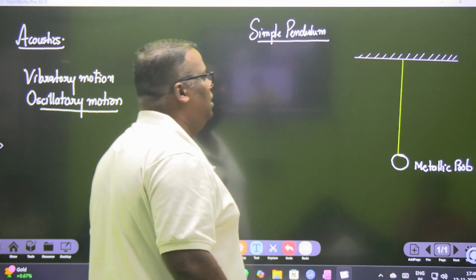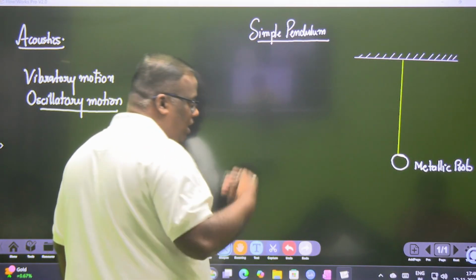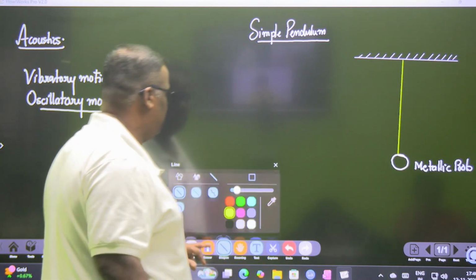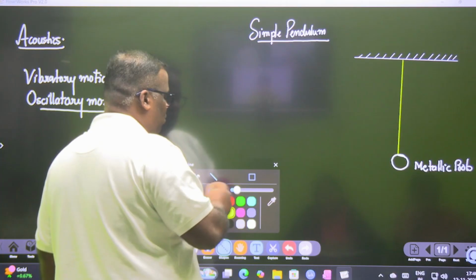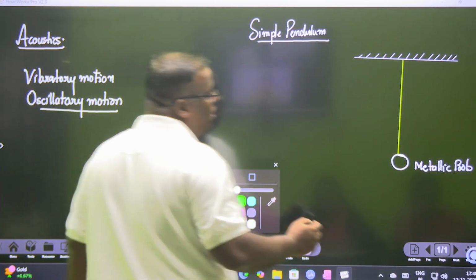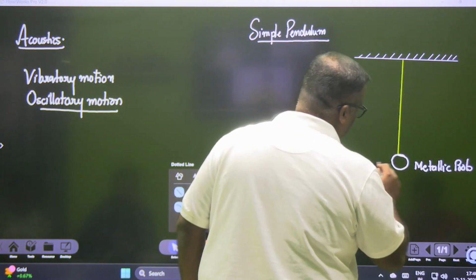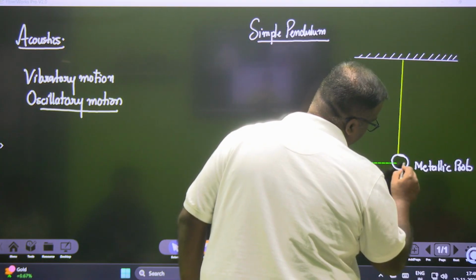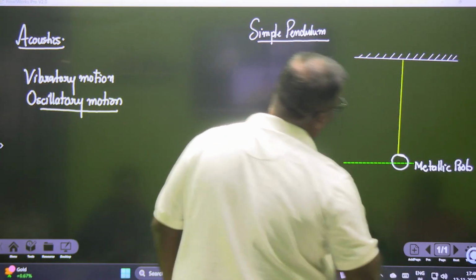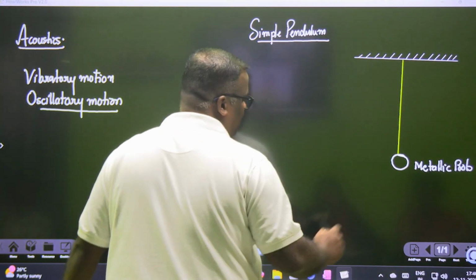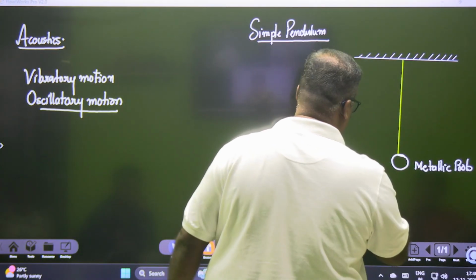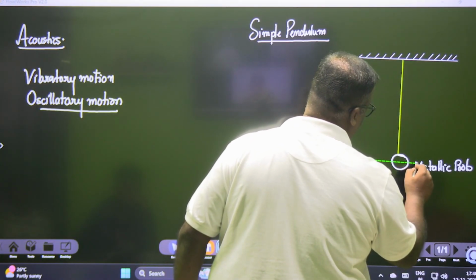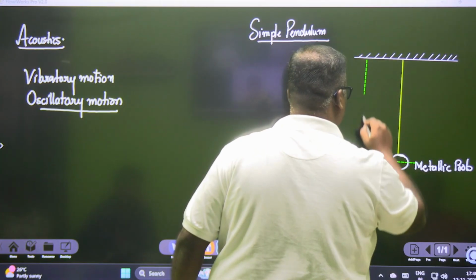Now, in the study of a simple pendulum, we will also be interested to know the length of the pendulum. Not important for your grade now, but the length of the pendulum is always the length till the central position of the bob. That means the length of the pendulum will be the length of the string plus the radius of the bob.